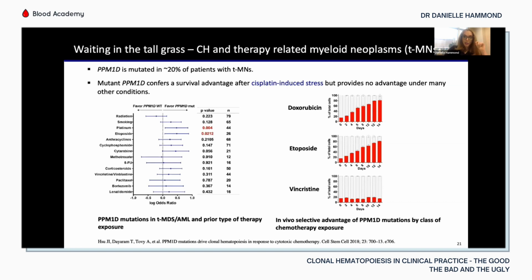And again, it was only specific sort of genotoxic interactions, primarily exposure to platinum and topoisomerase II inhibitors again. And this was replicated in an in vivo sample where they showed a PPM1D model of clonal hematopoiesis only expanded under certain chemotherapy exposures.